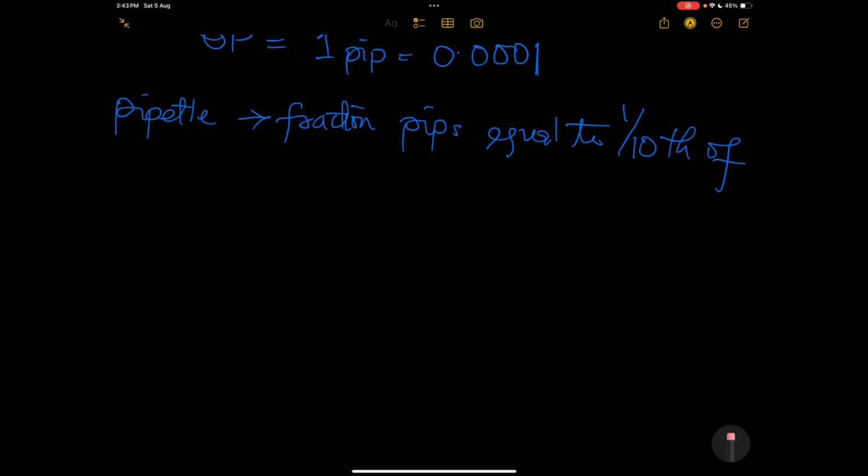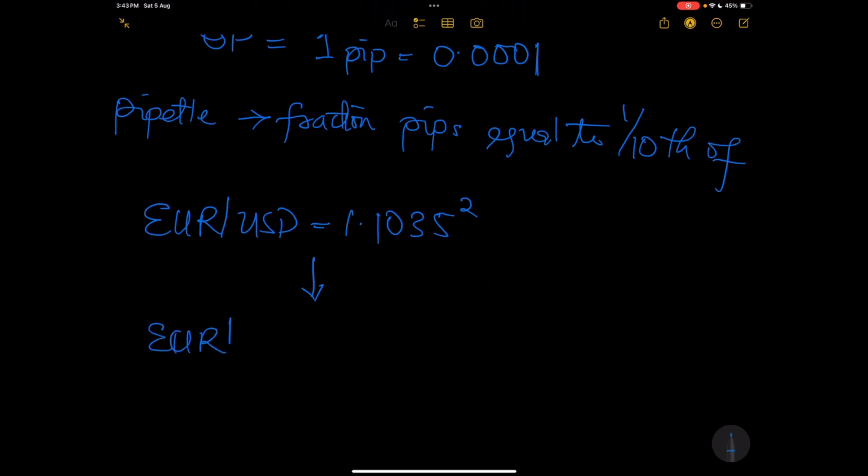Well, let's do an exercise. So you have EUR USD at 1.10352. That's 2 pipettes. And then it changes to 1.10357. So the last digit increases to 7.